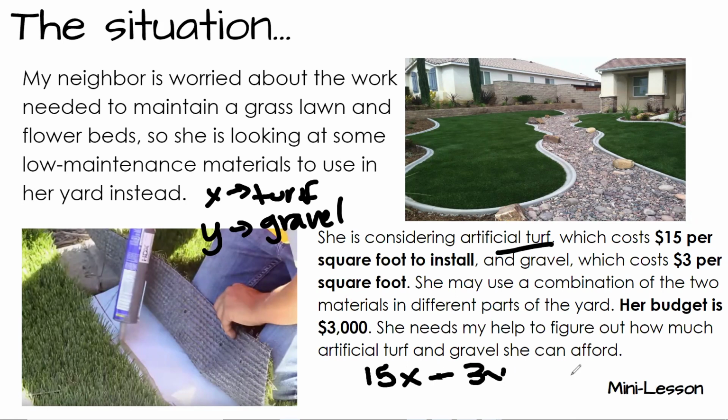And then 3Y to do gravel. And her budget is $3,000. That means that she can spend up to $3,000. So notice how I wrote this inequality. I said 15 times whatever item we're looking at, and then 3 times the item that we're looking at, and it's less than or equal to $3,000 because we don't want to spend more than $3,000.